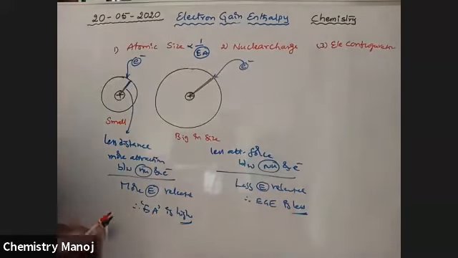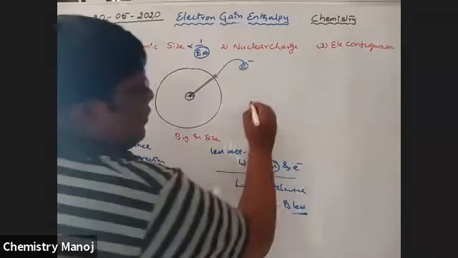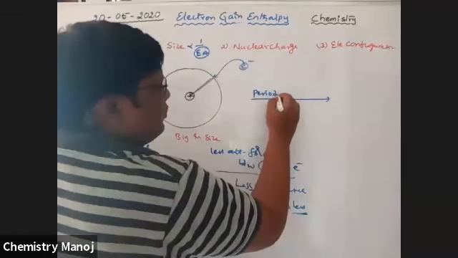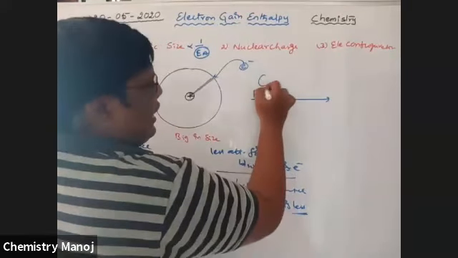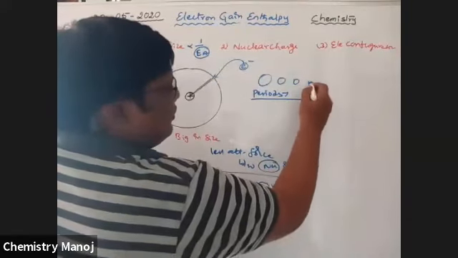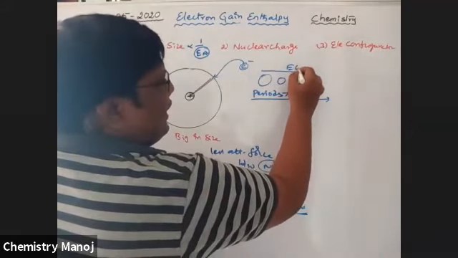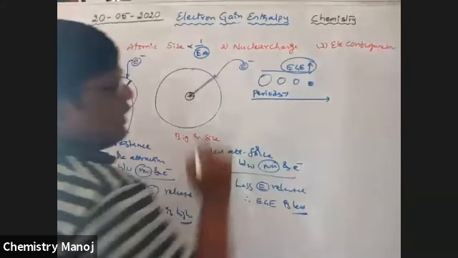So what is the trend in the periodic table? In periods, from left to right, size gradually decreases. Therefore, electron gain enthalpy increases.